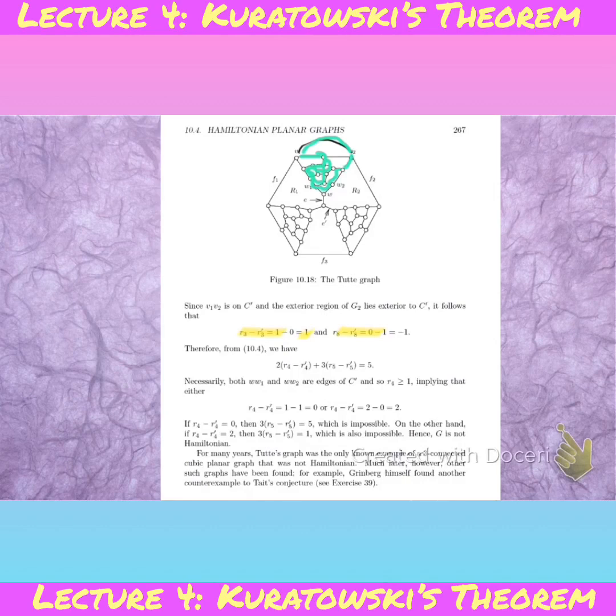Plugging that back in, we get this expression here. And necessarily both W and W1, and W and W2, which are these two little edges there, must be on this Hamiltonian cycle, because W has degree 2 in G2.